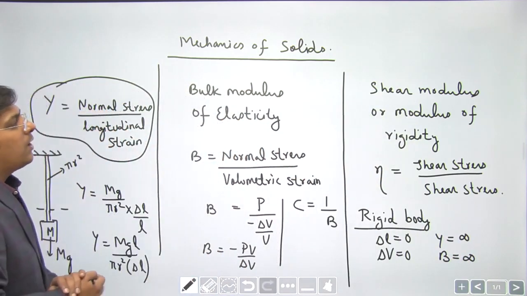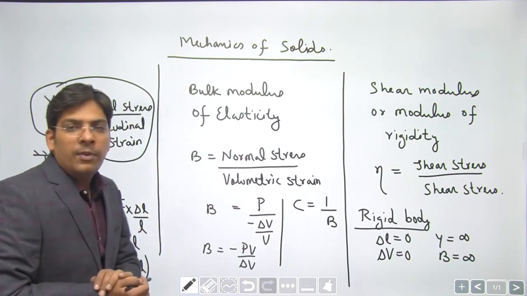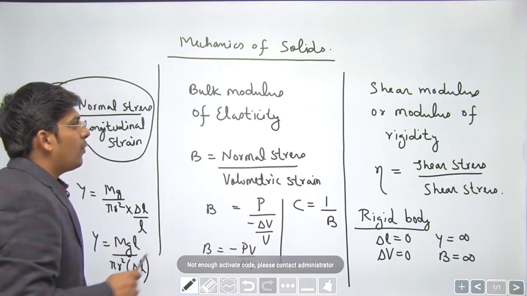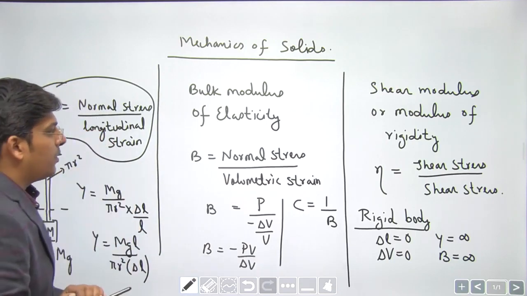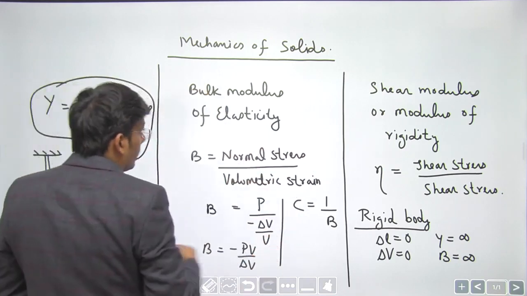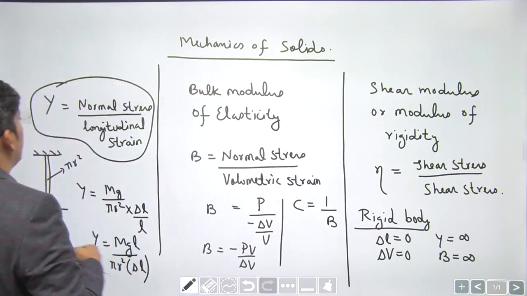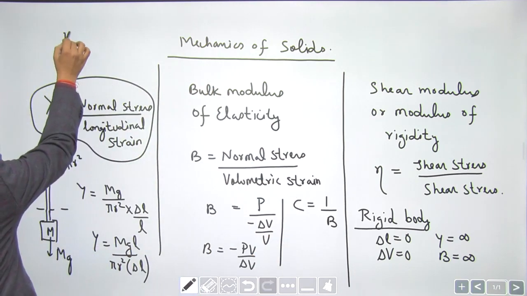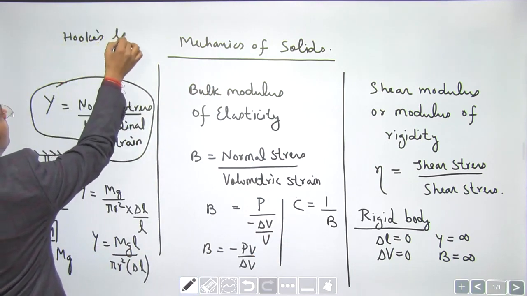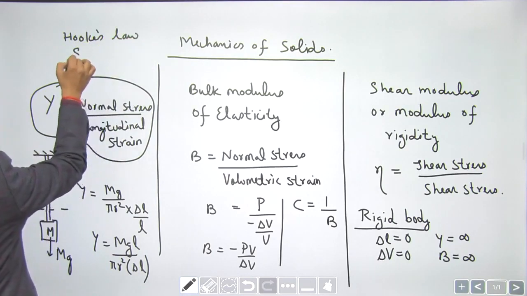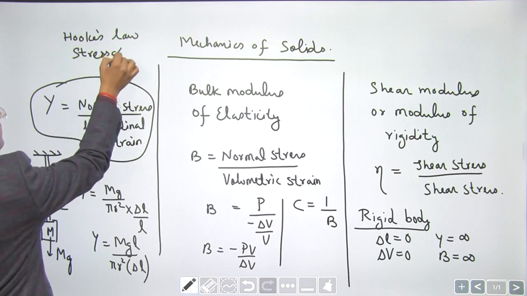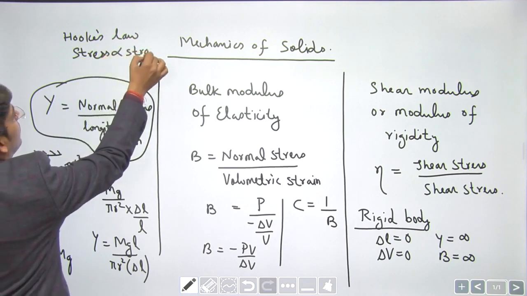So now let us solve some basic problems, some good problems also, based on these formulae of modulus of elasticity. One important thing was that we get the formula of modulus of elasticity from Hooke's law, which says that strain is directly proportional to stress, or stress is directly proportional to strain.